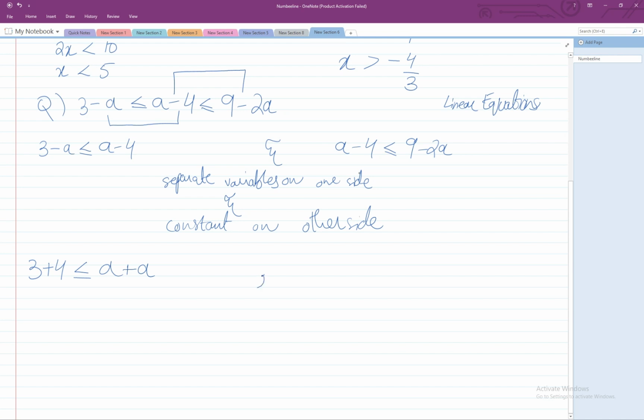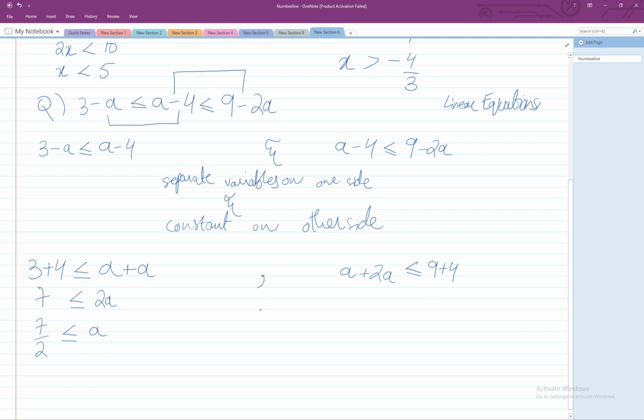After adding them, it is 7 less than or equal to 2a, and we have to find the value of a, so it is 7/2, that is less than or equal to a.